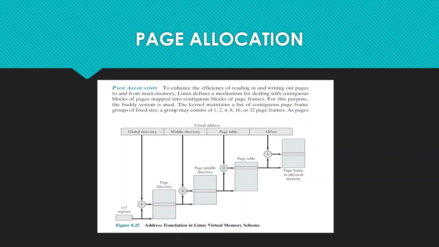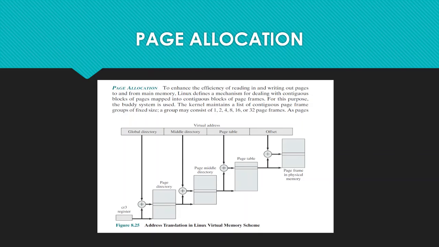For this purpose, the buddy system is used. The kernel maintains a list of contiguous page frame groups of fixed size. A group may consist of 1, 2, 4, 8, 16 or 32 page frames.